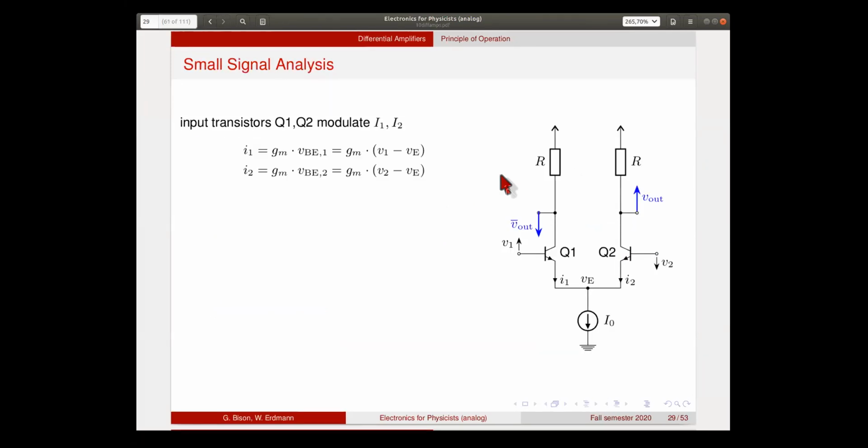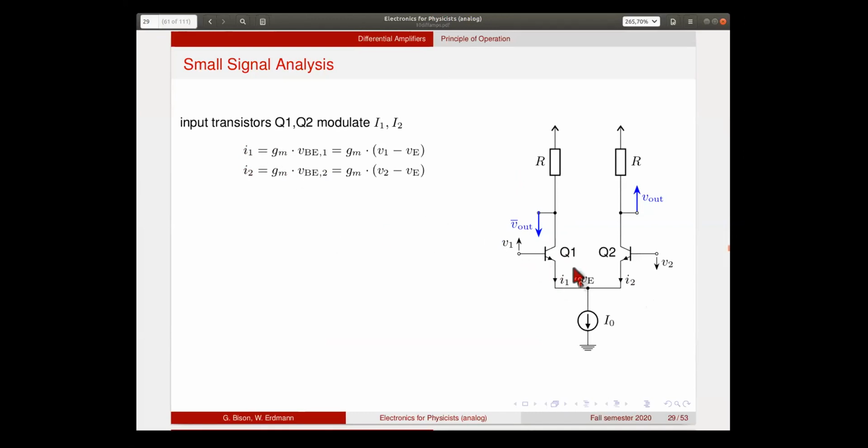A bit more qualitatively now, again using the small signal analysis, these two transistors modulate the currents that flow, I1 and I2, and for this we neglect the difference between the collector current and the emitter current. They're almost the same if you neglect the base currents.